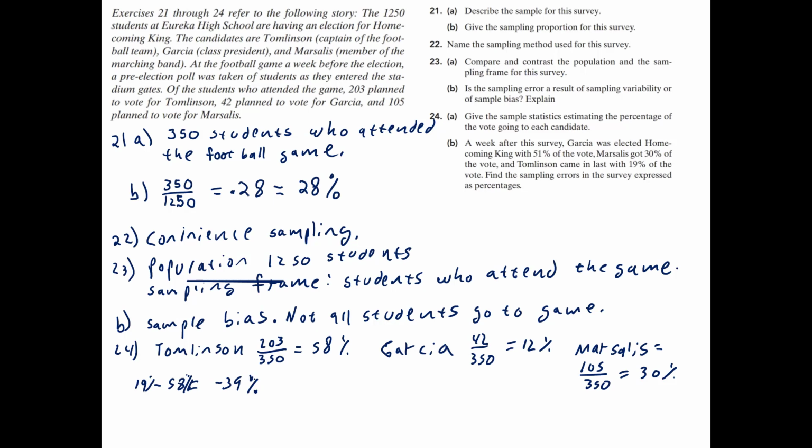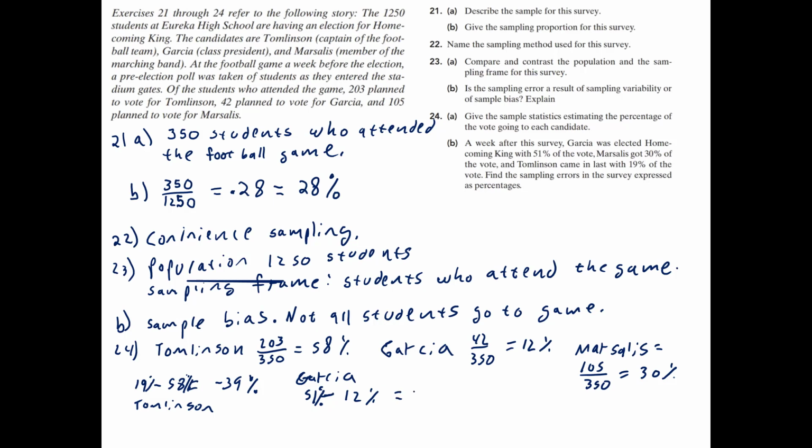Right? So the negative tells us that we overestimated what we were going to get. So this was for Tomlinson. For Garcia, the actual was 51%, and the statistic was only 12%.